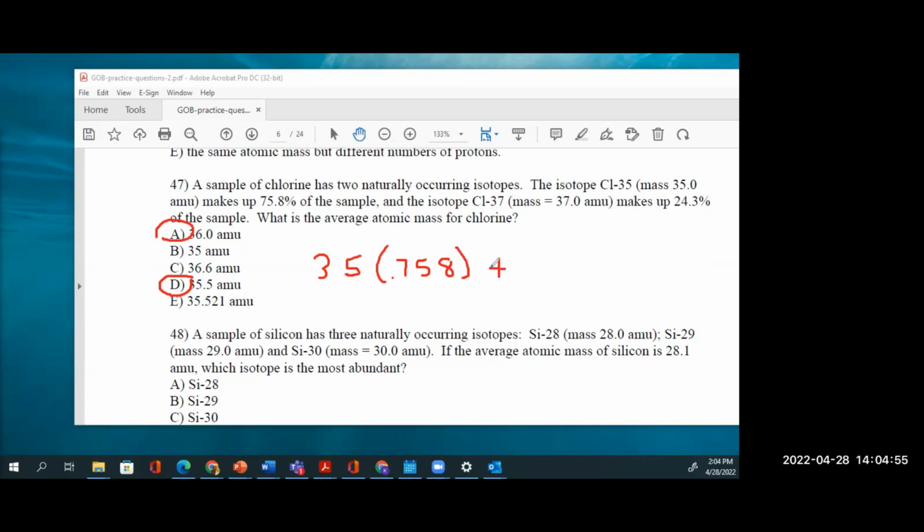Then we're going to add 37 times 0.243, the decimal version of our percentage.